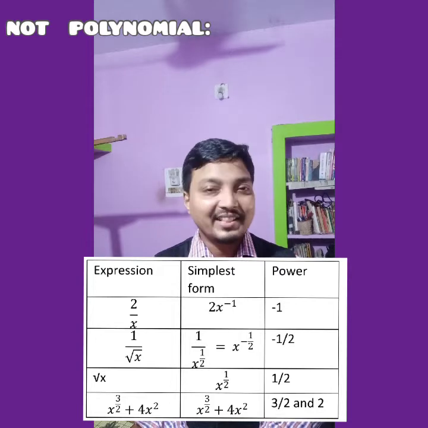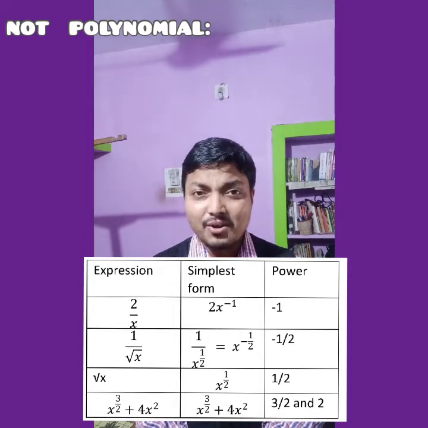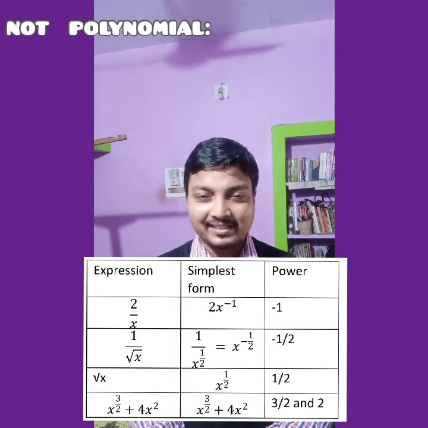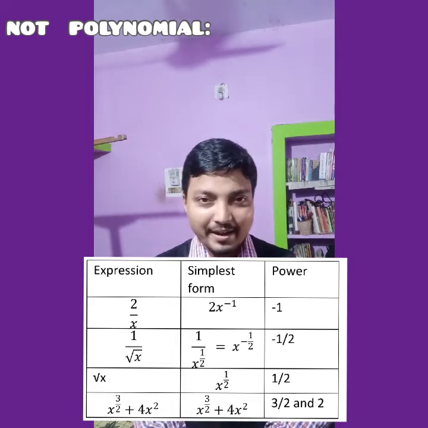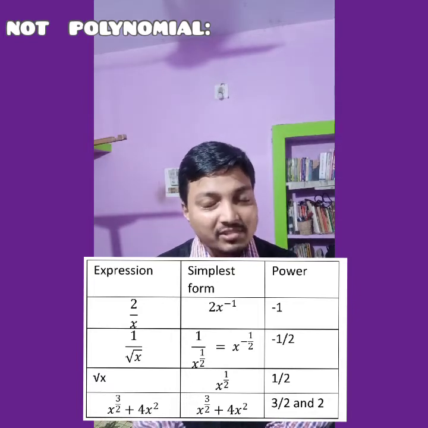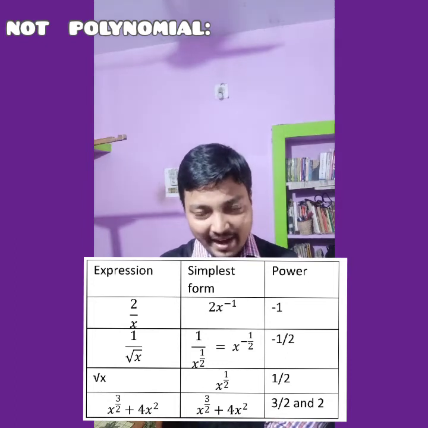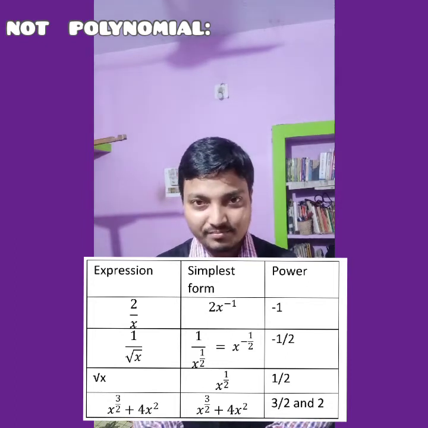Clear? Another example is 1 divided by root over x. Root over x in exponential form becomes x to the power 1 by 2. It means 1 divided by x to the power 1 by 2.